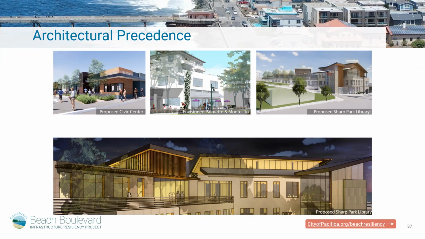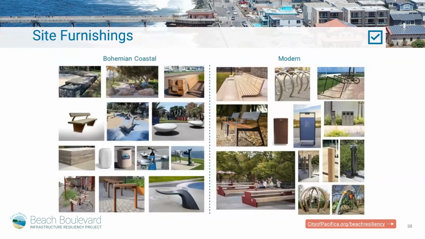They have more of a modern aesthetic, a little more updated. And so this is some of the already approved and envisioned future development in the area. So using this as a basis for moving forward with the two different themes that we offer. If we go to the next slide, starting with our first category here, looking at site furnishings.